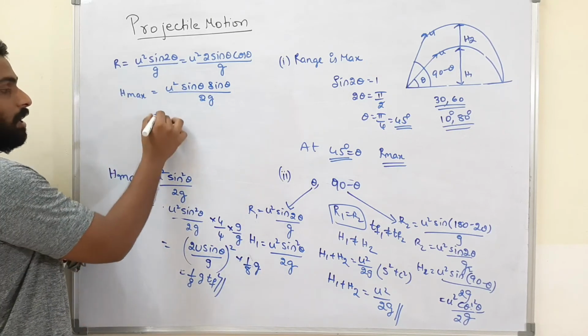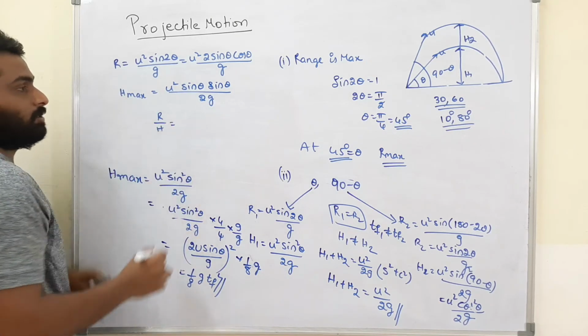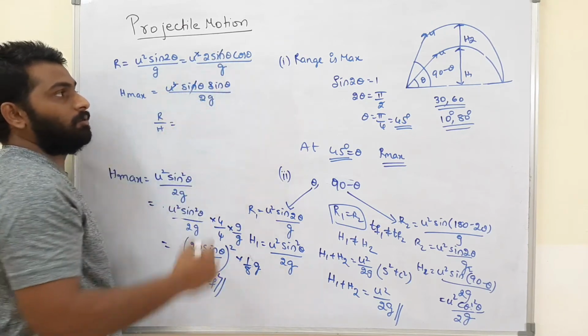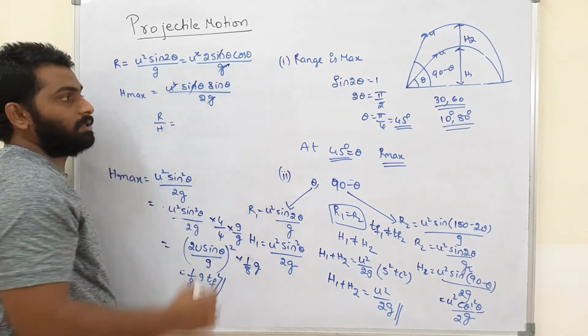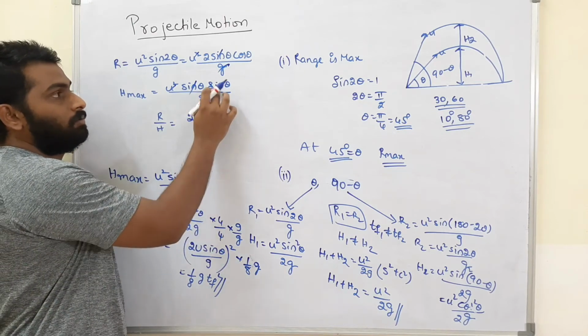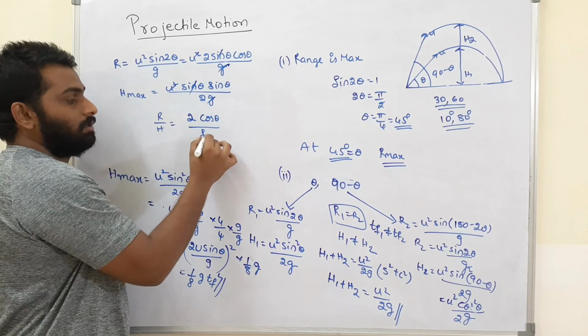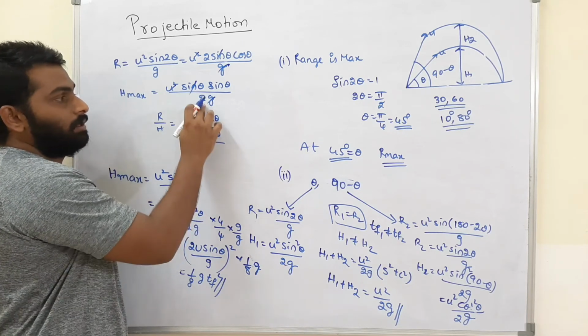Therefore, divide h by r. How much will we get? U square will be cancelled out. One sine theta will be cancelled out. g is cancelled out. What is remaining? sine theta by 2 cos theta, with the 2 in the denominator.